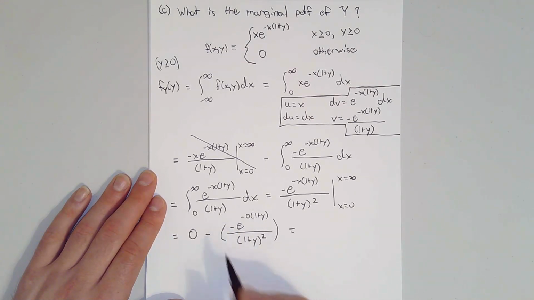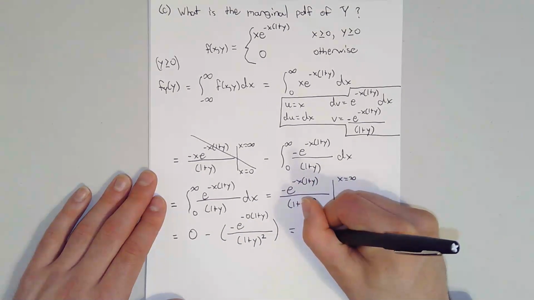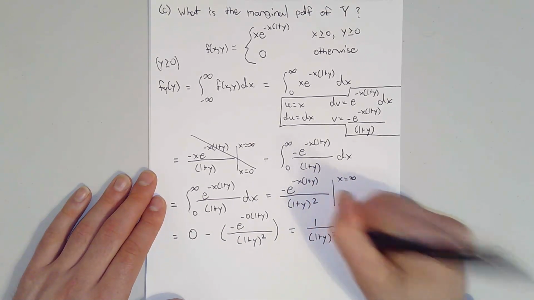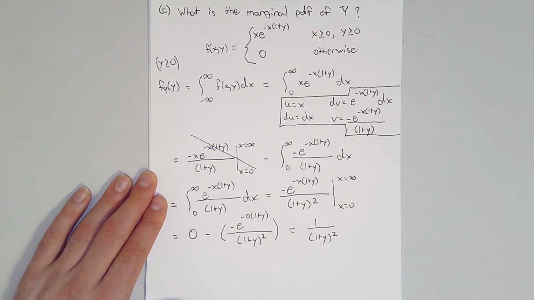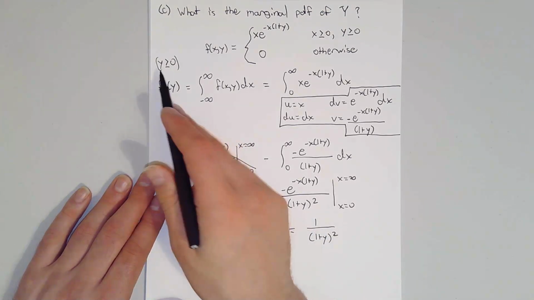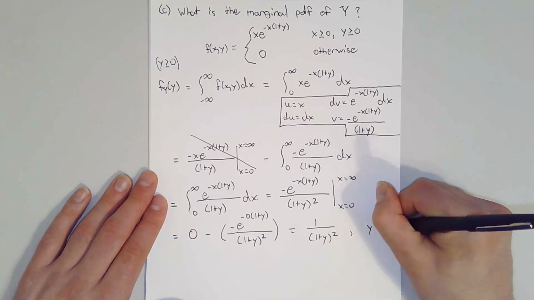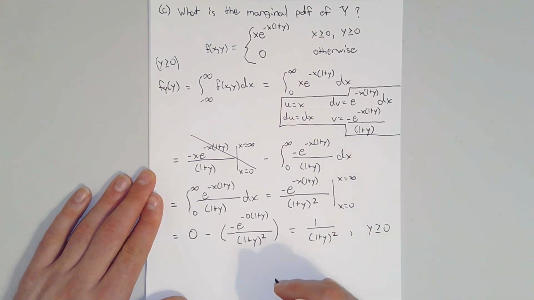Well, negative 1. And so subtract negative 1 over 1 plus y squared gives us 1 over 1 plus y squared. And again, this is under the assumption that y was bigger than or equal to 0. So this is for y greater than or equal to 0.